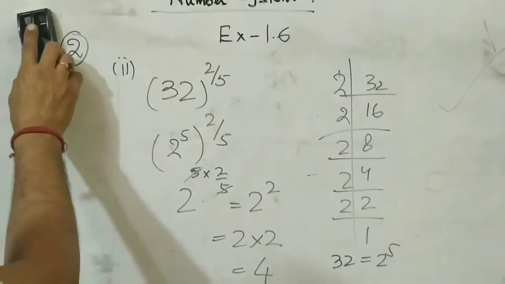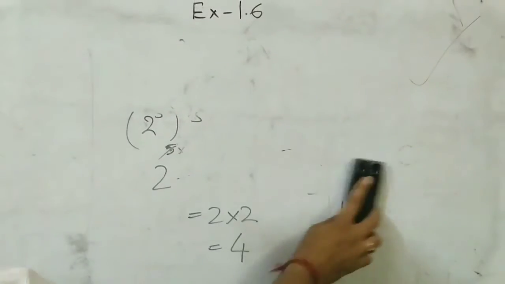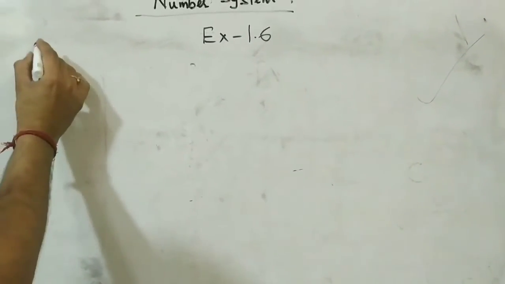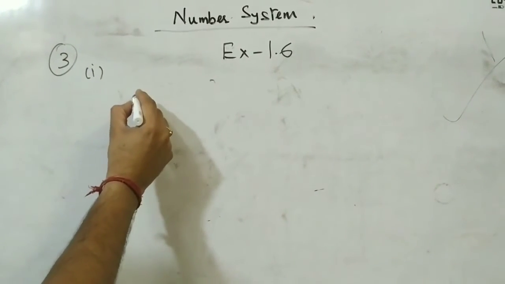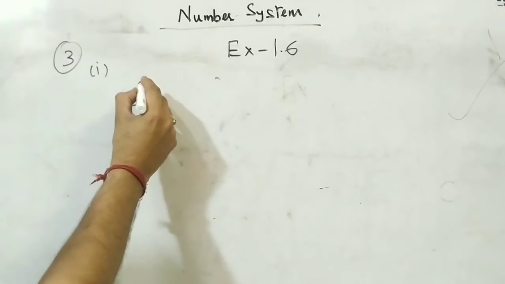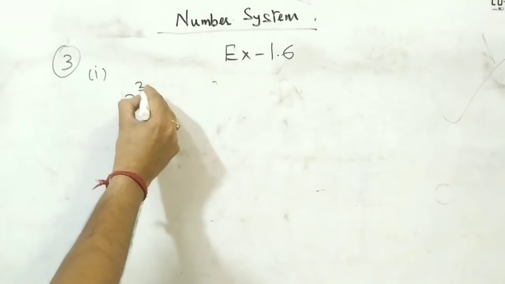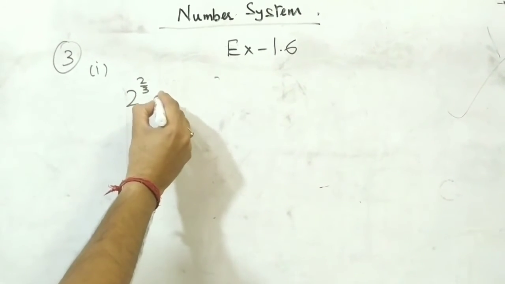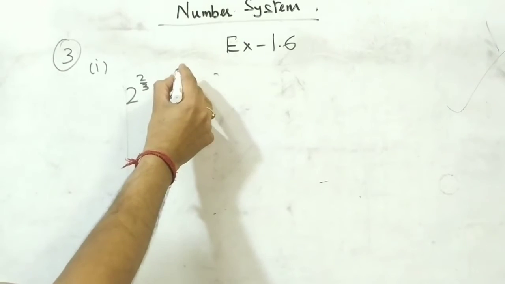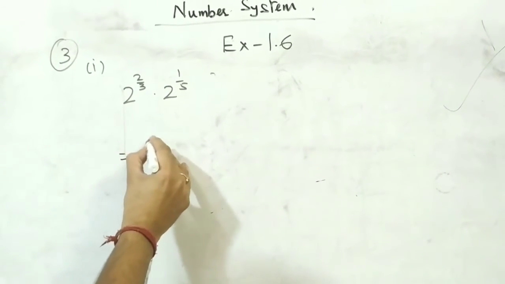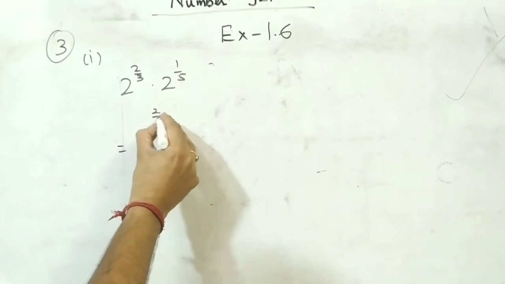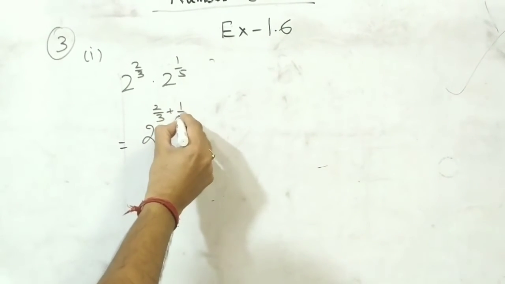Let's do question number 3. Simplify part first. 2 to the power 2 over 3 multiplied by 2 to the power 1 by 5. Now you can see bases are same. So these powers will add with each other.